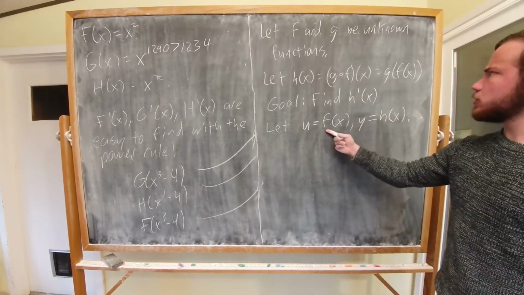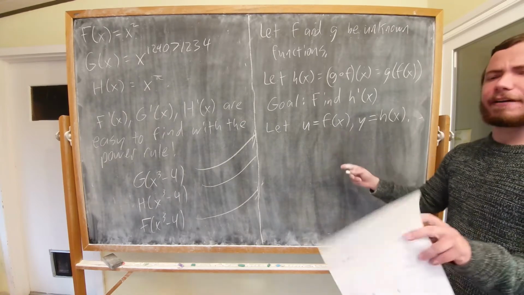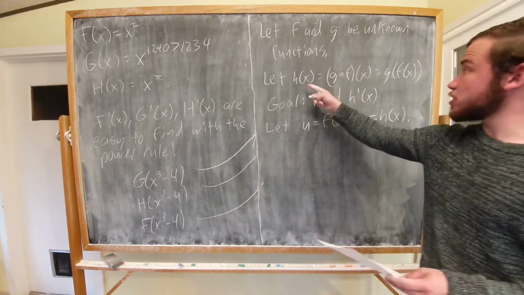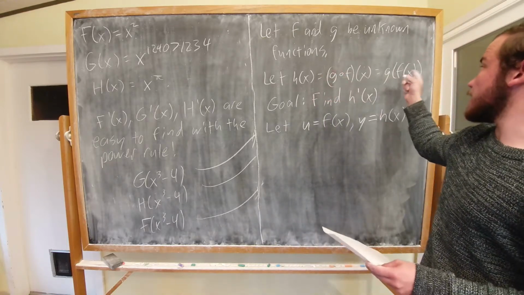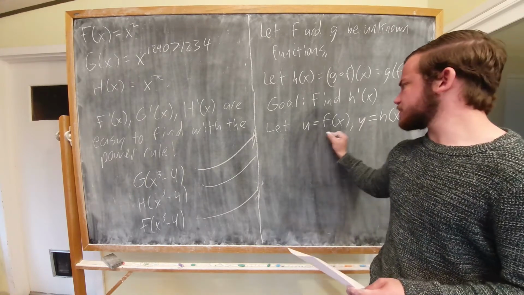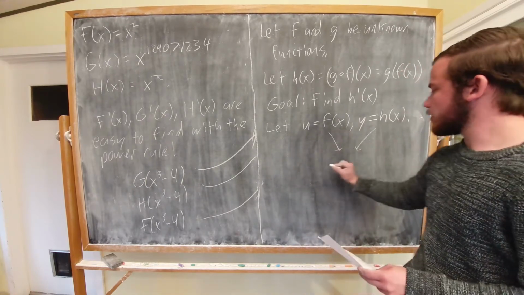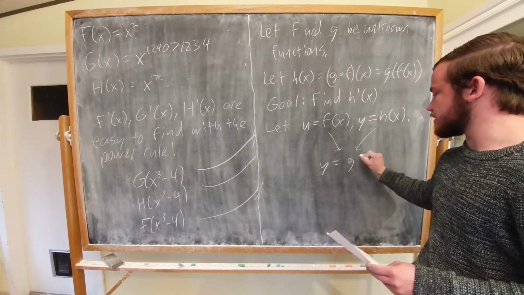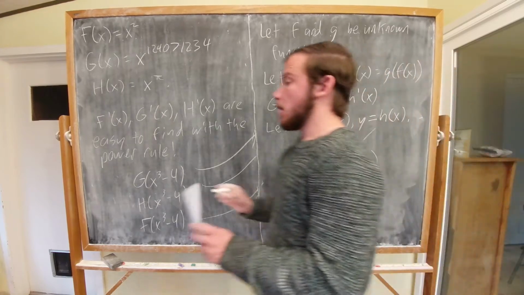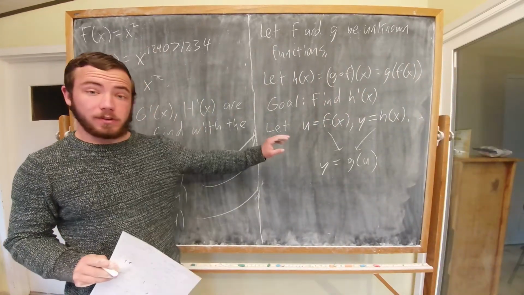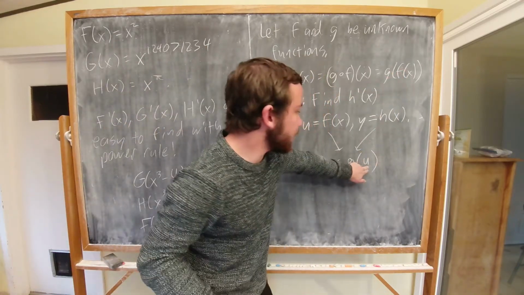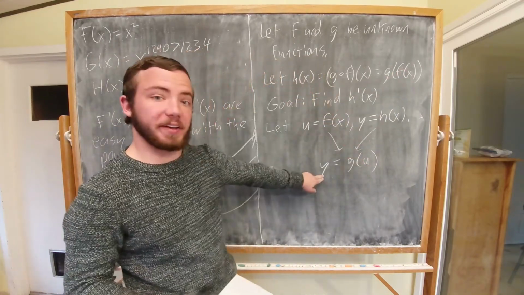Okay, so if u is equal to f of x, then h of x is equal to g of u. And we're just saying y is equal to h of x. So this combines to tell us y is equal to g of u. Okay, so those are just a couple of almost numerical substitutions, right? F of x, we're calling u. H of x, we're calling y.